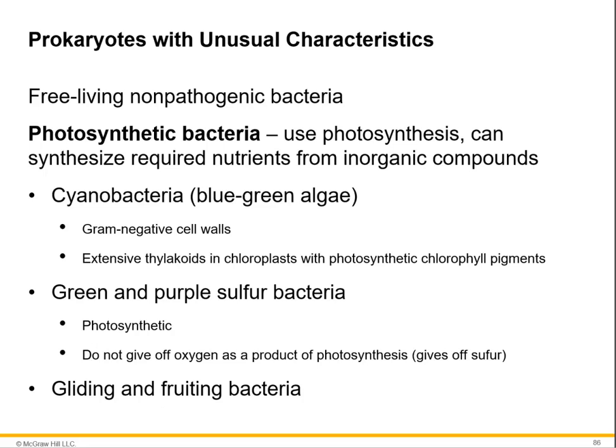Fruiting bacteria are bacteria with a very complex life cycle, which involves the formation of aggregates of bacterial cells that differentiate to form reproductive structures. So, you know, the overall theme here is that prokaryotes are extremely variable.